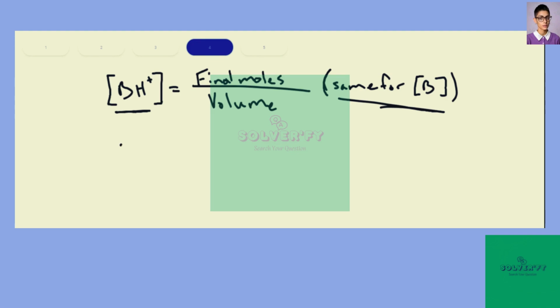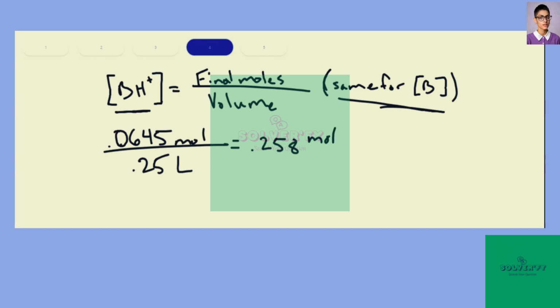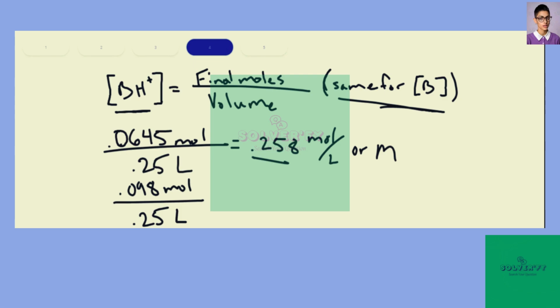So I'll fill this out here. The final moles was 0.0645 moles, and the volume is 0.25 liters, and the answer for that is 0.258 moles per liter, or molarity, which is a big M. So that's for the acid, and for the base, we just take 0.098 moles over 0.25 liters.